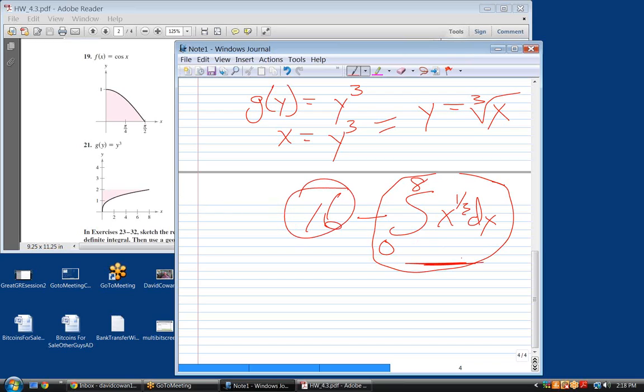This is very straightforward. Do you know how to evaluate that? So the 0 just turns into a 0, right? So you just evaluate it at 8? Yes, you can't always assume that the 0 turns into a 0, but in this case it does. But what's the integral of x to the 1/3?